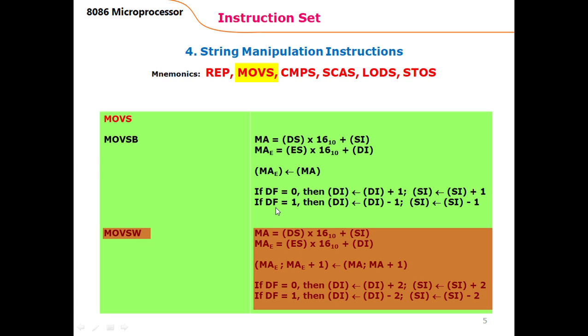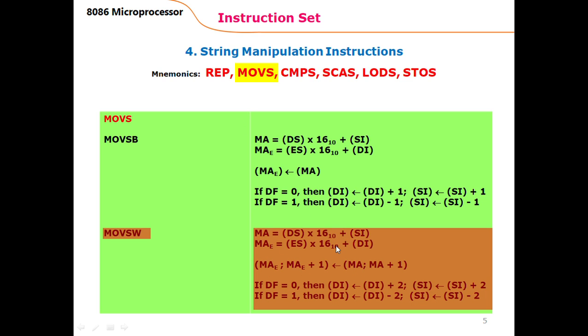The physical address calculation happens as before. The physical address of the data segment, which is the source of data, is MA. The physical address of the destination of data is the physical address MAE, that is in the extra segment.